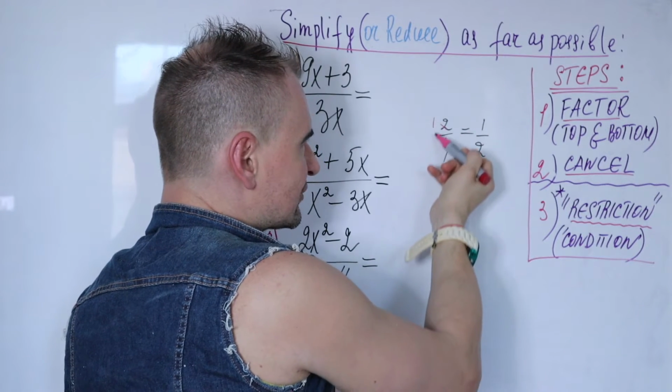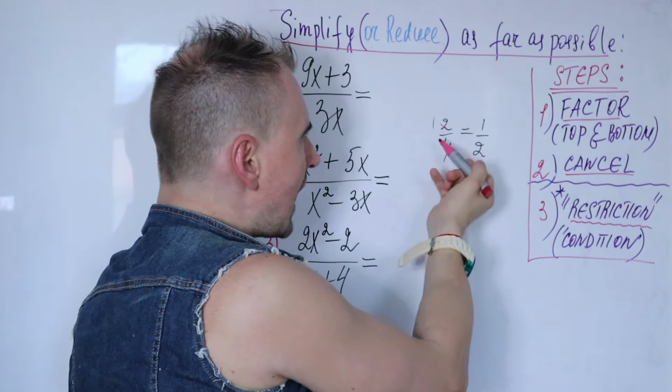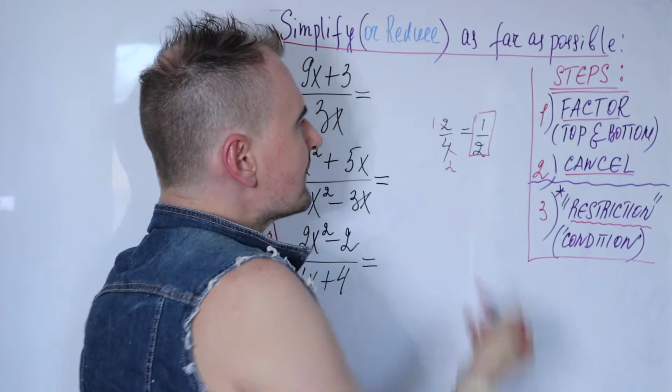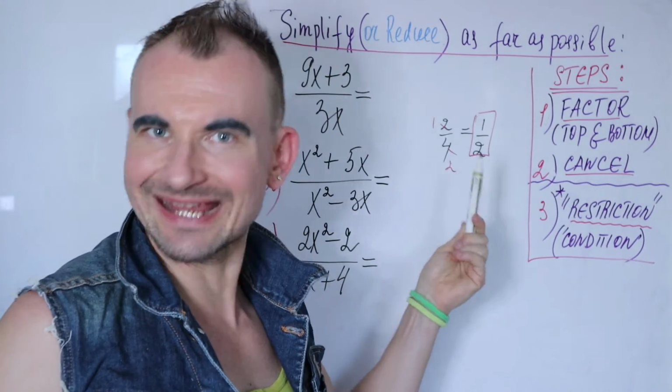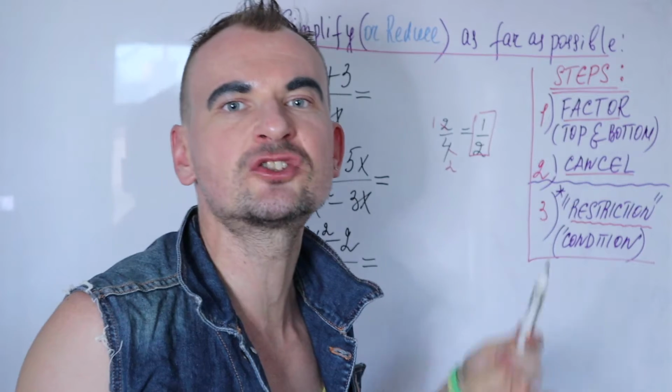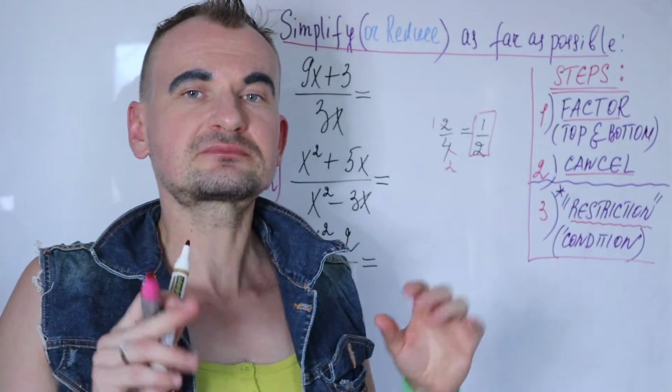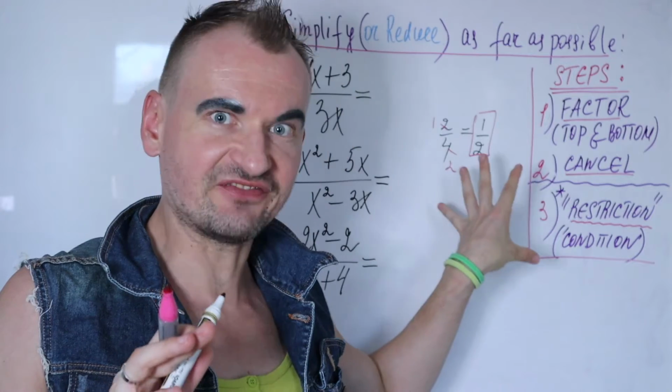So since 2 goes into 2 once and 2 goes into 4 twice, we would end up with a half, which is considered to be the simplest form for that fraction.